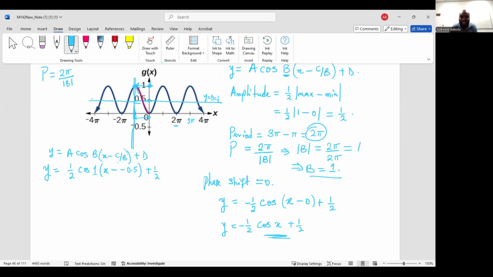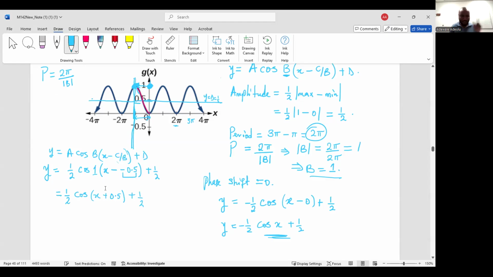Instead of starting here, I'm now starting here. That means I have moved it to the left, and since it is to the left, this is going to be negative. Conclusively, I will have 1/2 cosine of 1, which I do not need to put there again. We are mature enough to know that it is 1. That is x plus 0.5, or 1/2, plus 1/2.